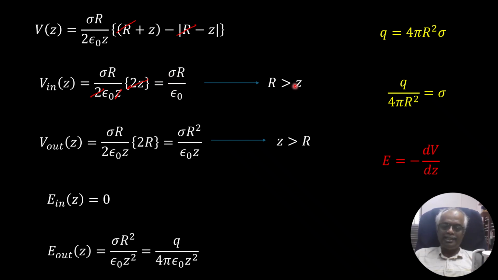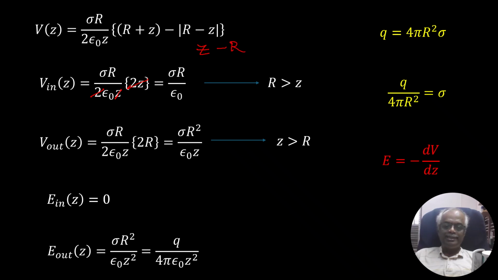If r is greater than z, that is inside. Then what will happen if it is outside? If it is outside, you remove this. You can erase this. That is z is greater than r, that is outside, then what will happen here? z is a bigger number. So this will become z minus r because it's a positive. It's z minus r.